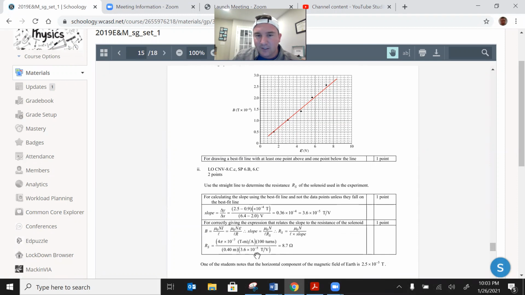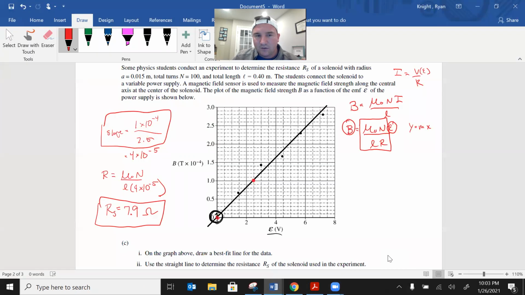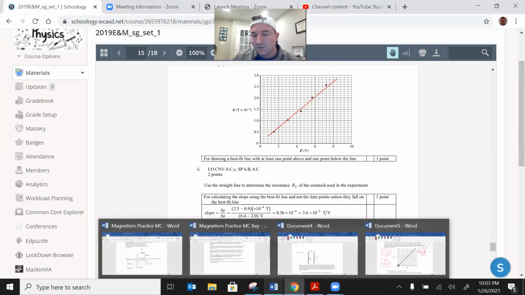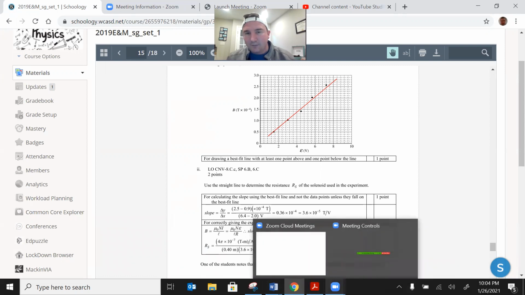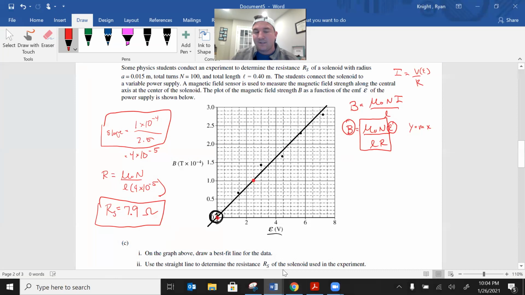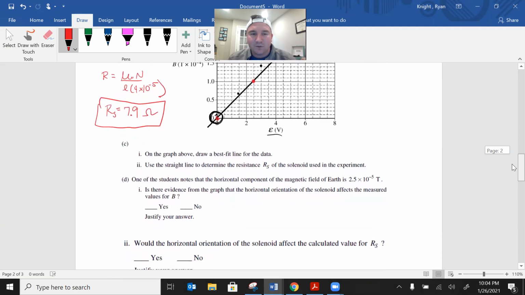So they got a different slope than I did. What did I get? I got 4 times 10 to the negative fifth. They got 3.6 times 10 to the negative fifth. So they got a smaller slope than I got. So that's fine, right? It works out. Same difference. Close enough. So I got 7.9 ohms as my resistance of the solenoid.